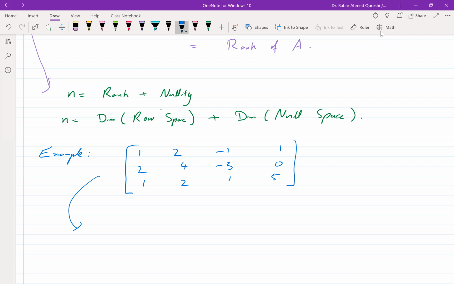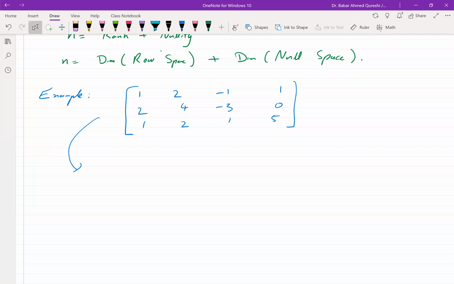So I'm not gonna solve it, but directly write the row echelon form, the reduced row echelon form.